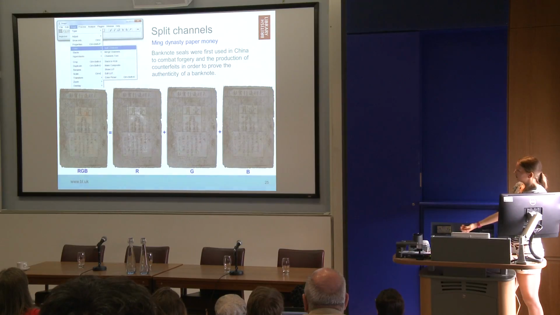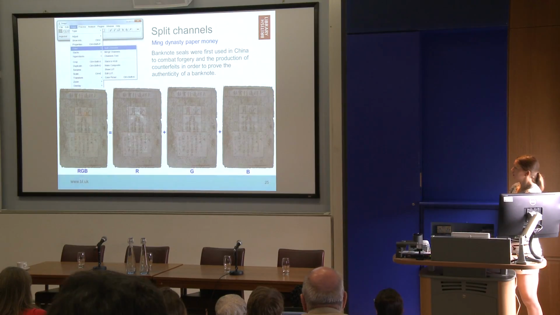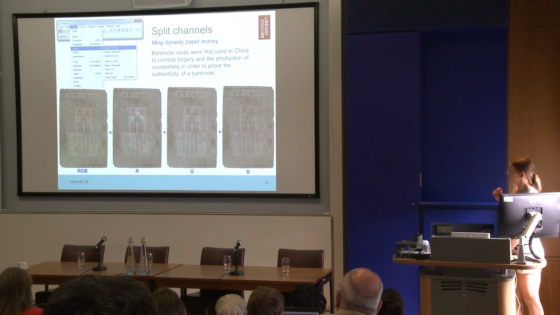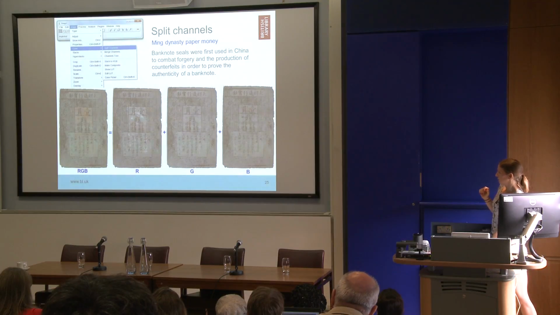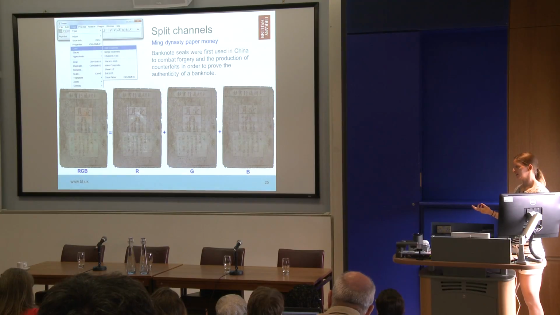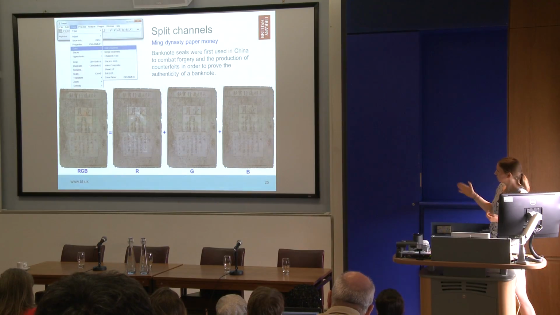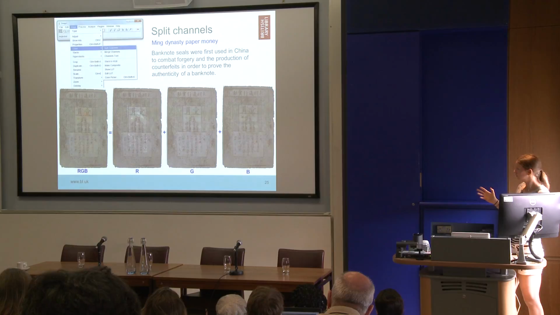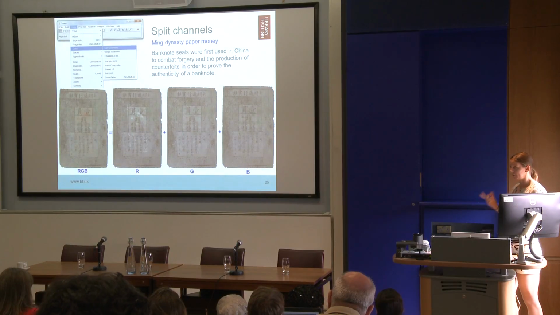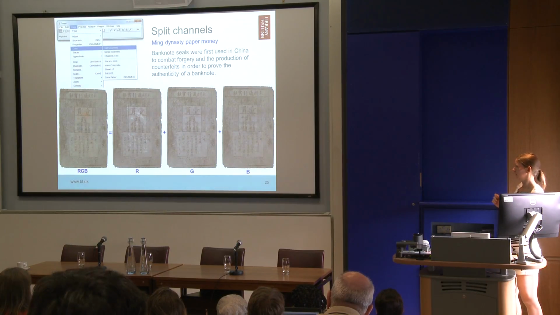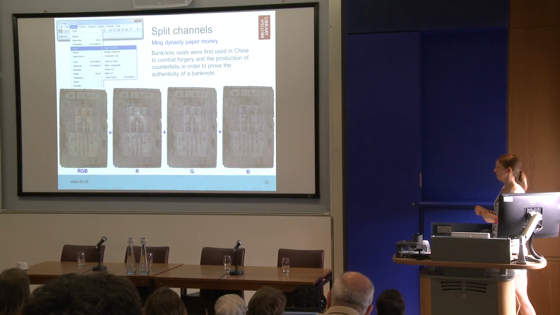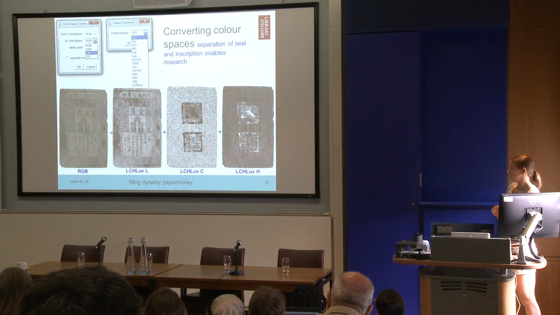The image on the left is the original image that we have, and we can split that into its 3 components in ImageJ by just going to color split channels, so literally click, click. So these are the 3 different channels. In this case, there's not a whole lot of difference between them, but maybe if we put it into a different color space and split those channels, there might be a difference, which there is.